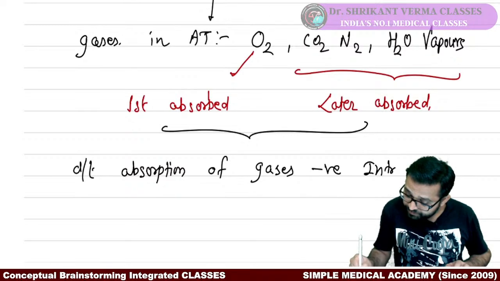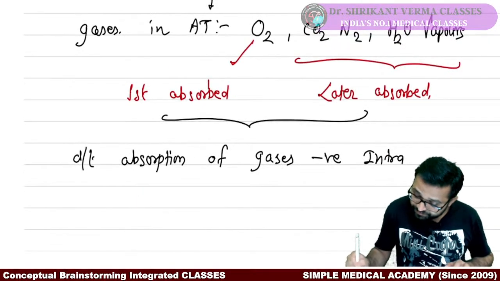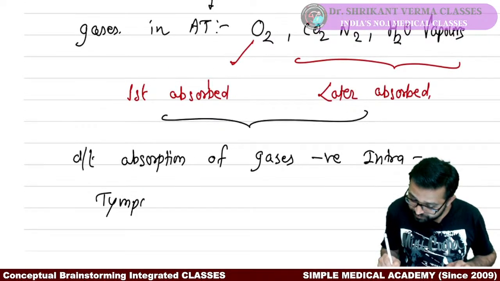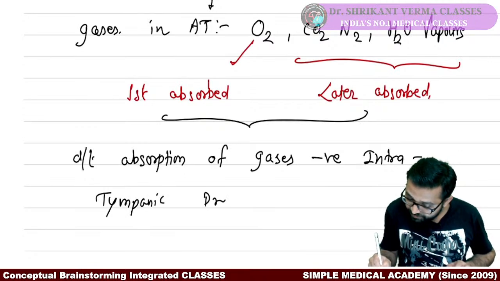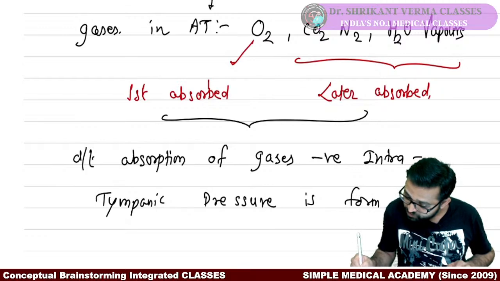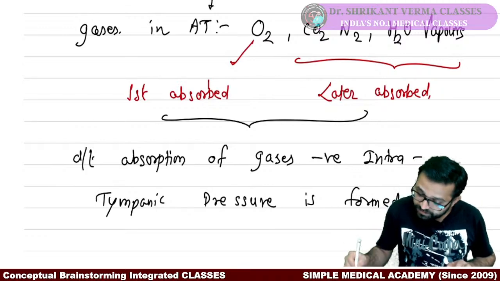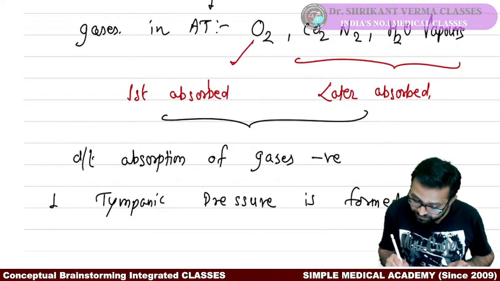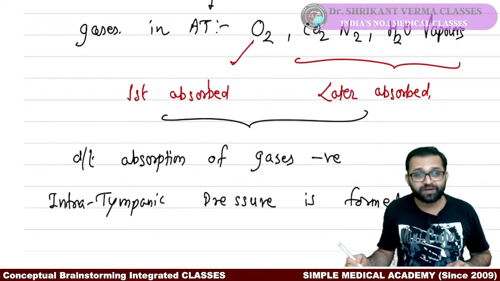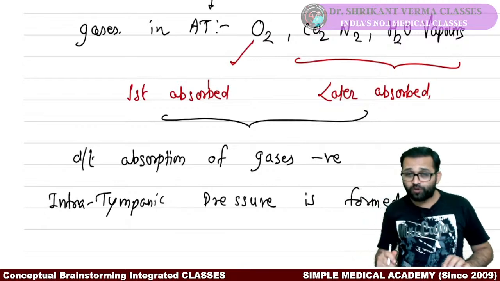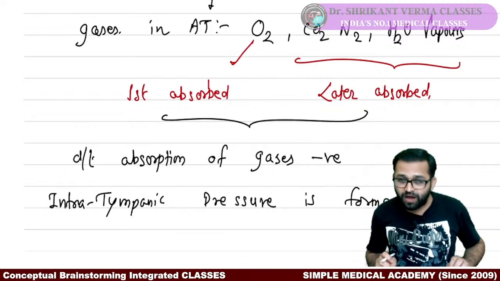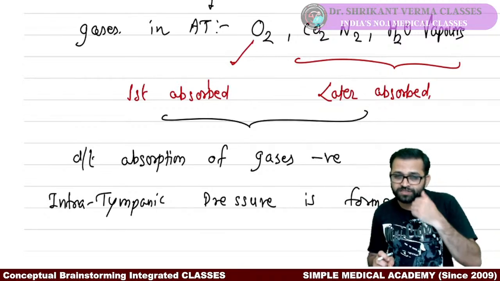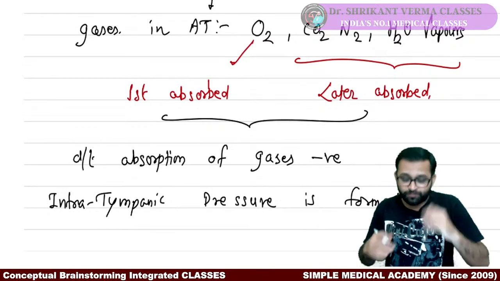Negative intratympanic pressure is formed. Yes, there is a formation of negative intratympanic pressure because gases are absorbed. Getting the point? Now try to understand our further points.